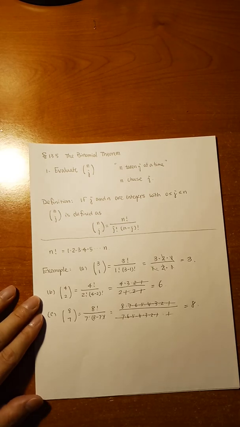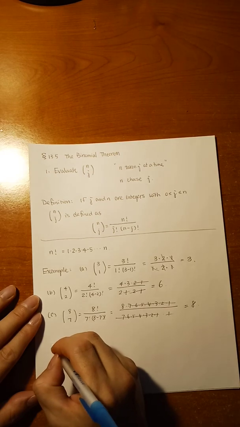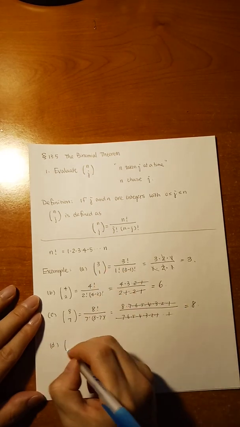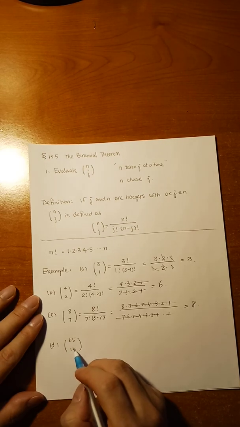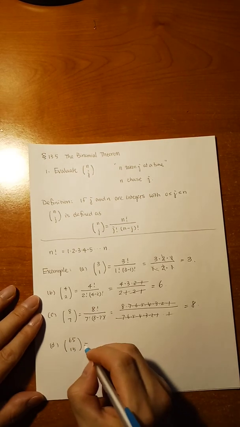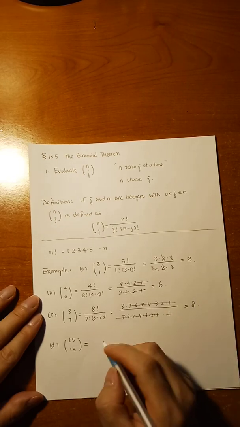All right. This number will be very huge if you have a large j and a large n. For example, in the textbook they provide an example: 65 choose 15. Now you have a real computation.